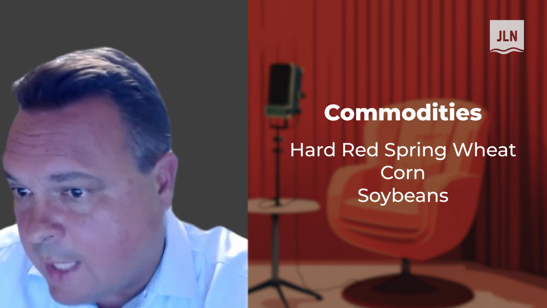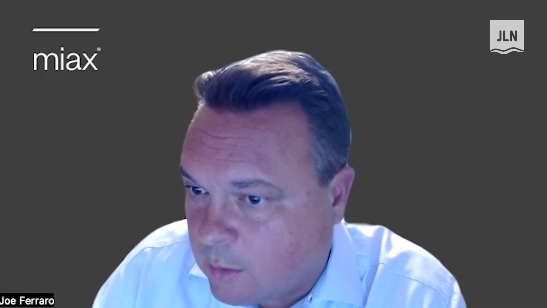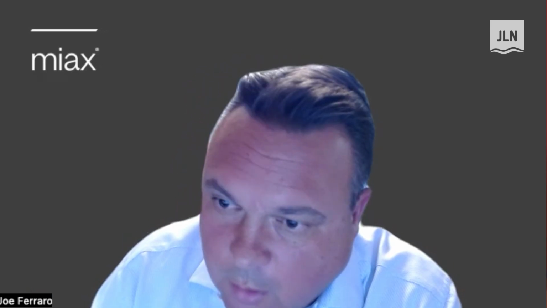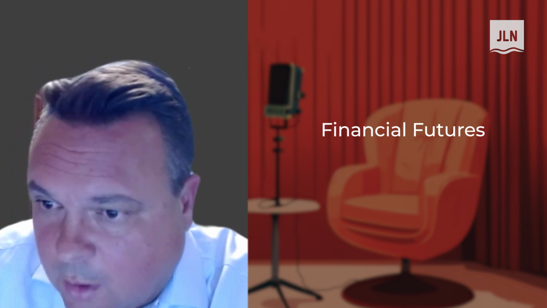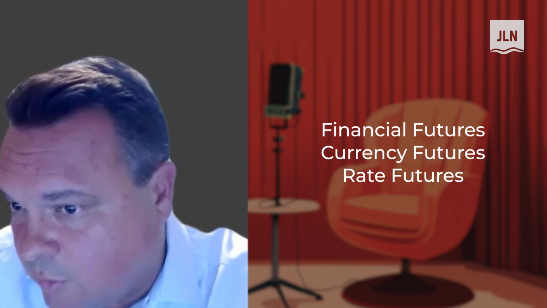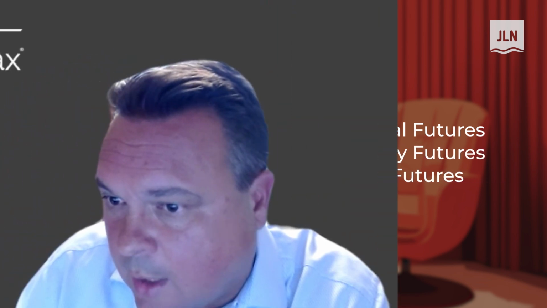But over the last couple of decades, the underlying assets for futures contracts have significantly expanded to include financial futures, currency futures, rate futures, and it goes on and on. So there are a tremendous amount of underlying assets now for futures contracts.